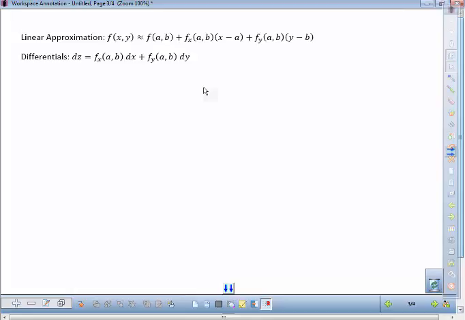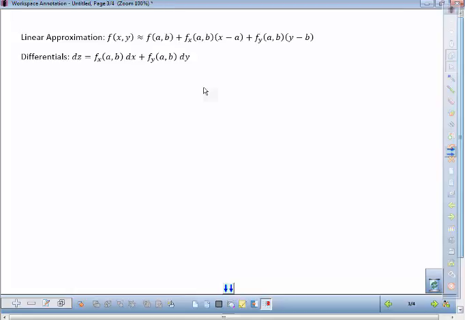Tell me about these two formulas here. One of them is the linear approximation that we just saw. The other one is a differential. What do we have here? What is similar? What is different?